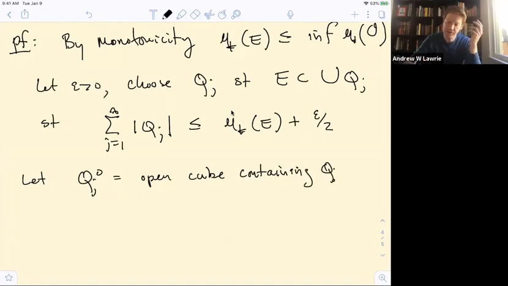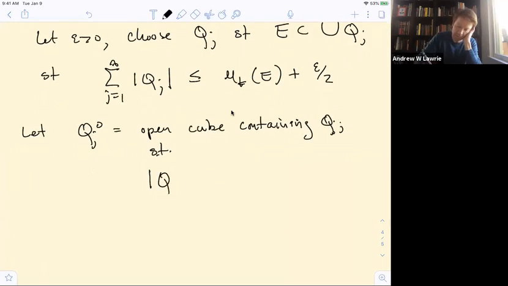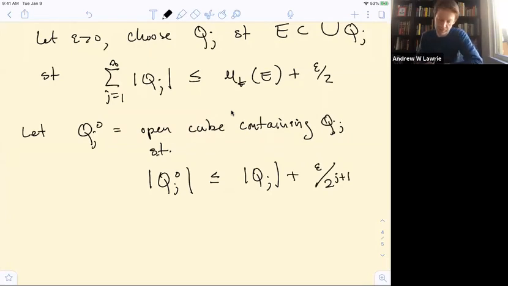So I'm going to turn this almost infimum-realizing cover into an open cover by taking slightly enlarged open cubes containing each of the Qj's, such that the volume of Qj° is less than or equal to the volume of Qj plus epsilon over 2 to the j plus 1. I'm going to trust my notes that this normalization is the right one.